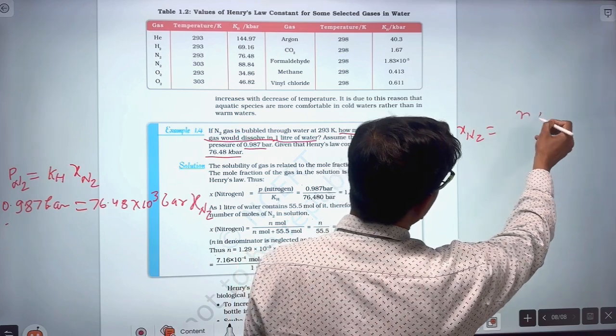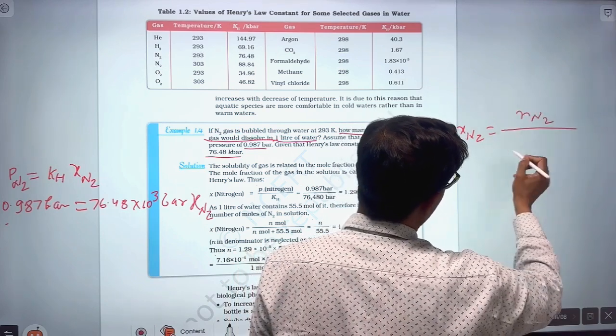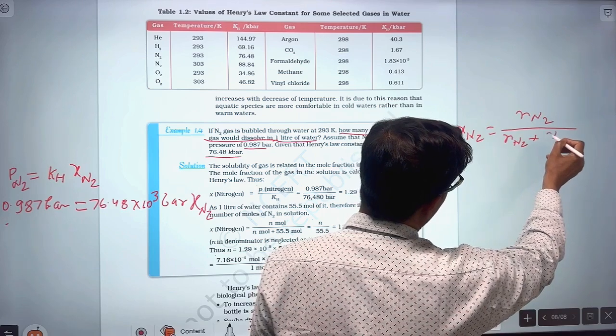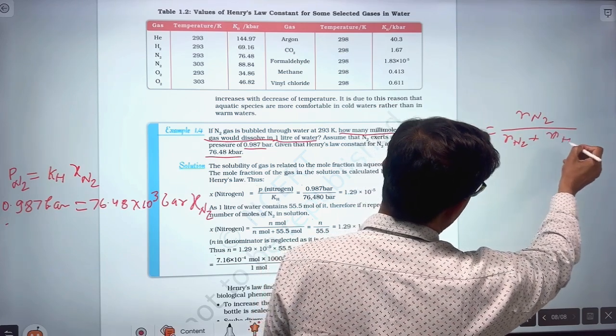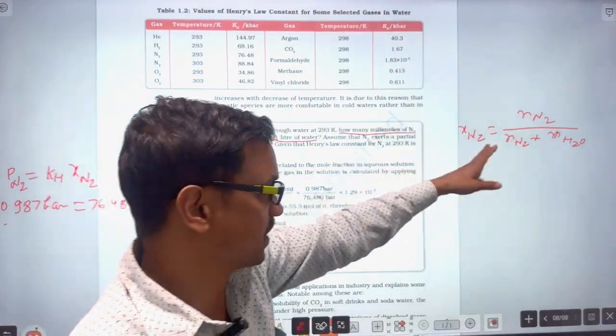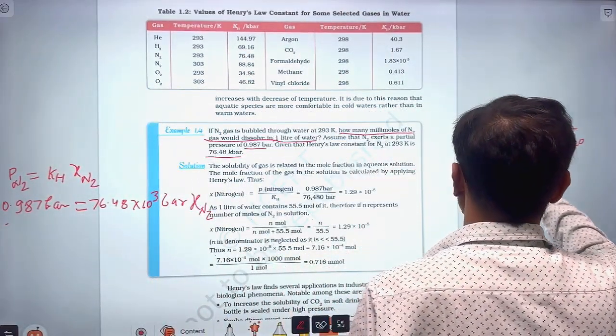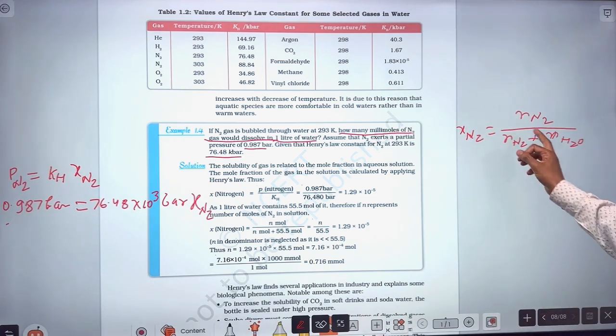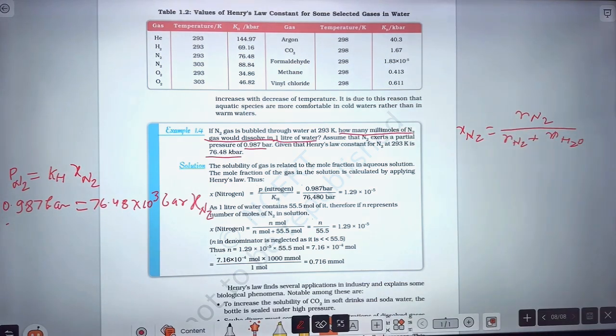The mole fraction of nitrogen will be equal to the number of moles of nitrogen upon the number of moles of nitrogen plus the number of moles of water. The mole fraction of nitrogen is the number of moles of nitrogen upon the number of moles of all the components present in the solution.